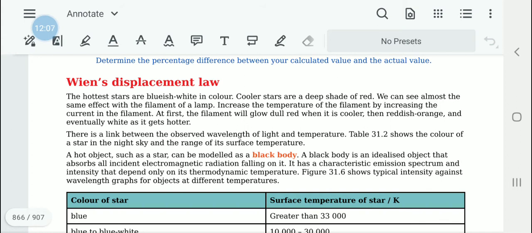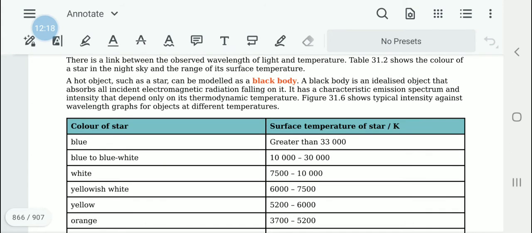The higher the temperature, the more bluish it becomes, and the lower the temperature, the redness would increase.